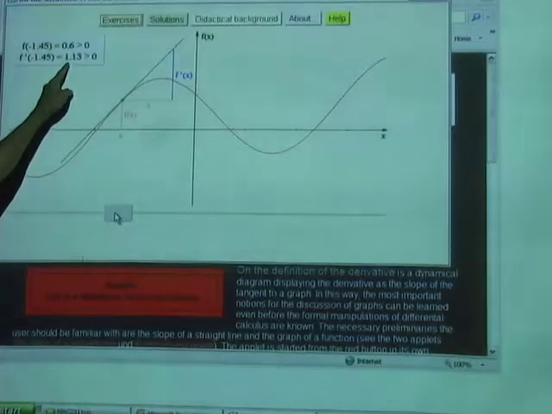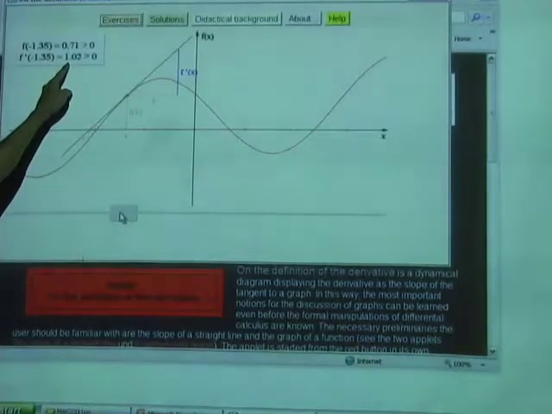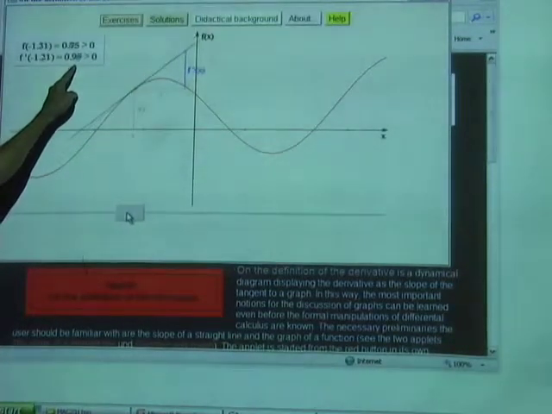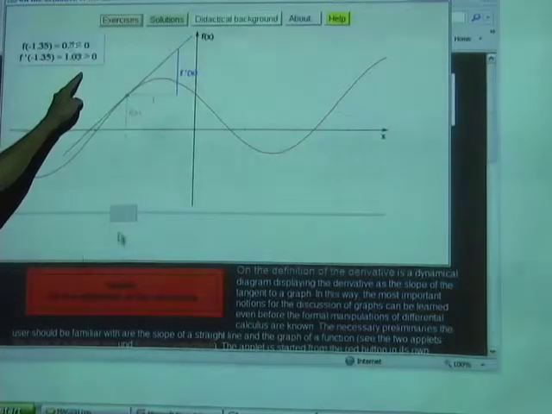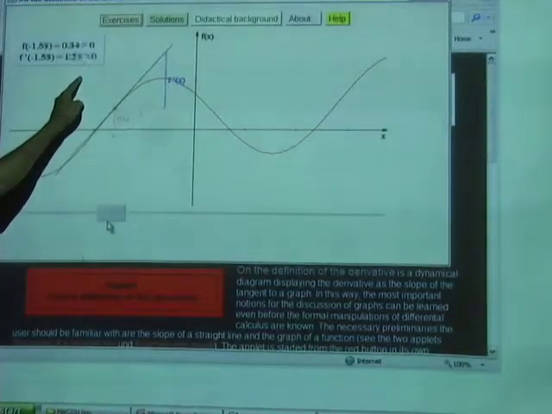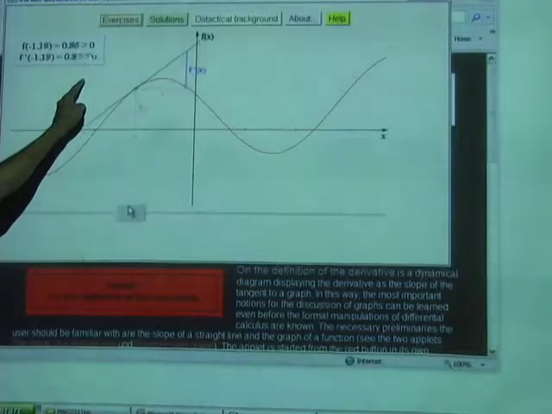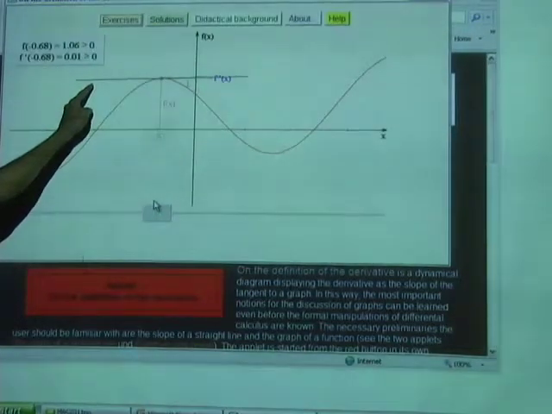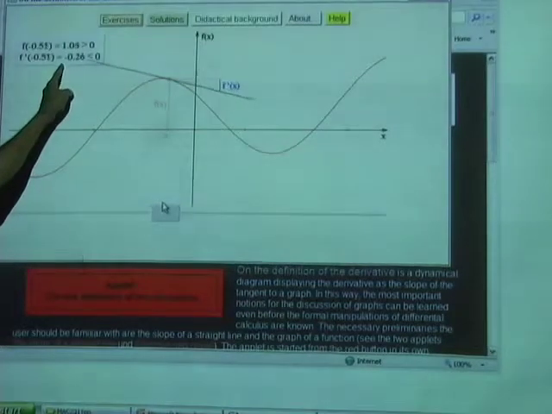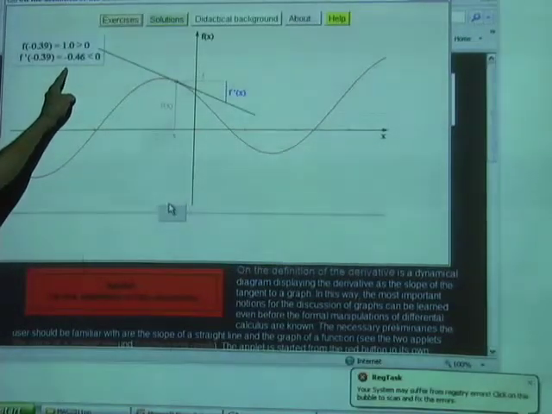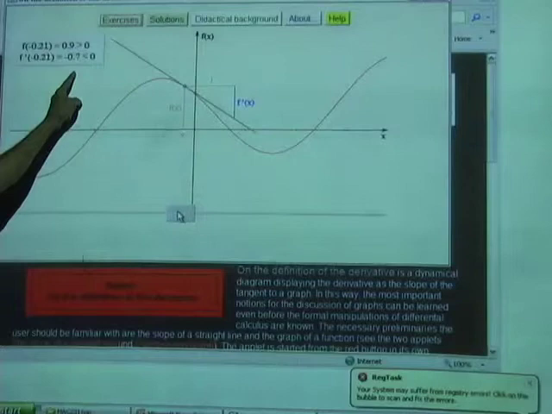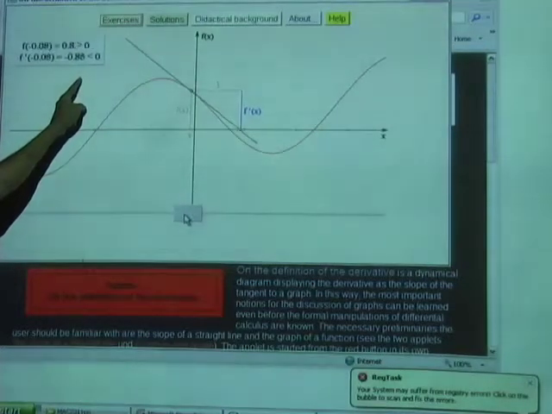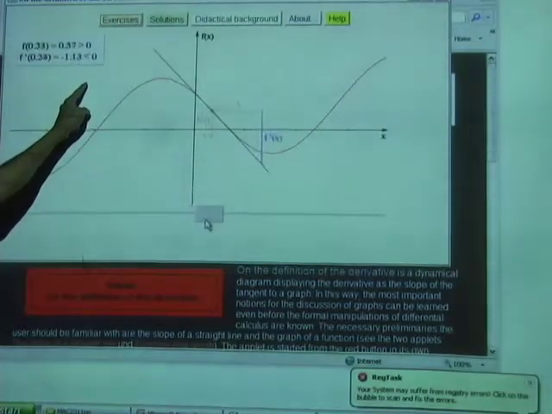What happens to the slope? The slope is becoming less and less. Is that right? The positive slope is becoming less, and the slope becomes 0, and now the slope becomes negative. It becomes more and more negative. That means the first derivative is decreasing.